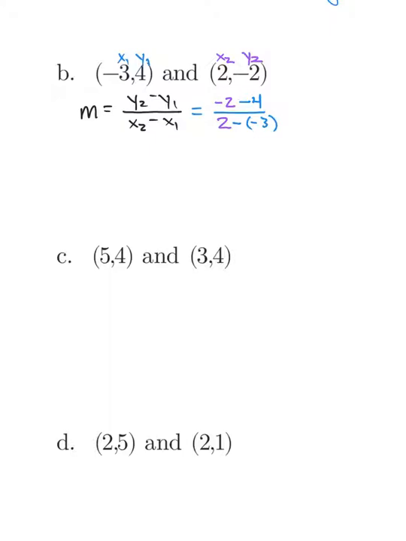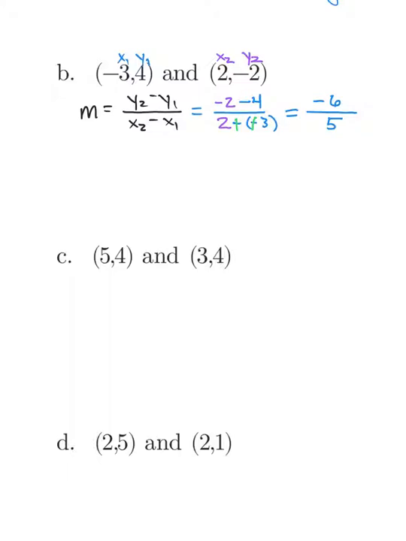From here, we want to go ahead and simplify the numerator and the denominator. Negative 2 minus 4, we have same signs, so we are going to add and keep the sign. On the denominator, we want to change this to plus 3, and 2 plus 3 is 5.